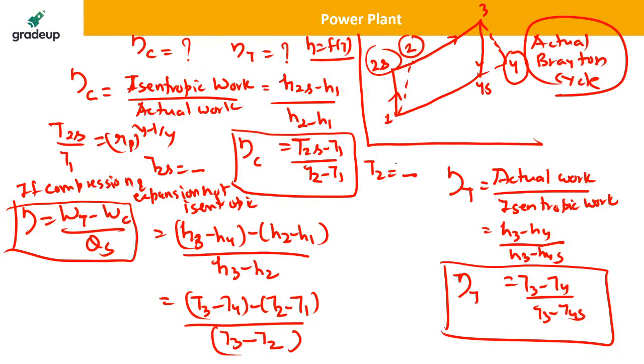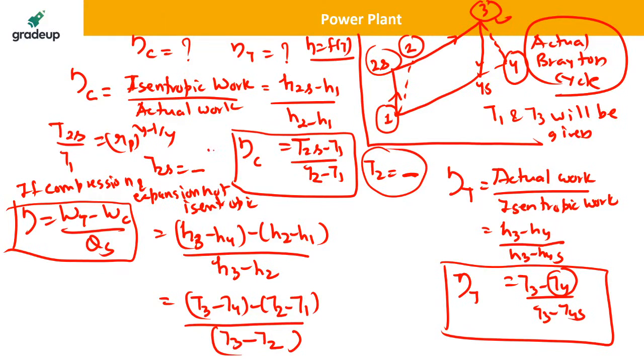That means T1 and T3 will be given in the question. That is, the minimum temperature and maximum temperature of the Brayton cycle will be given. You have to find T2 and T4 from the equations of isentropic efficiency of turbine and compressor, and by putting this in this formula, you will get the efficiency.